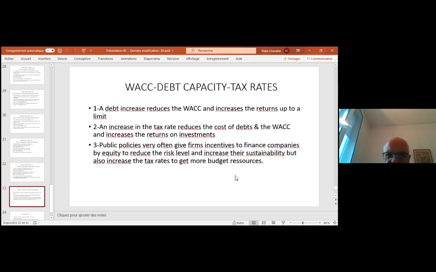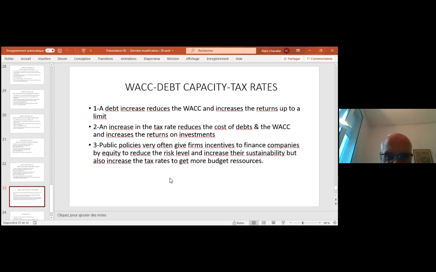So, some conclusions, back on that slide. First, an increase in debt reduces the WACC and increases the return, up to a limit, because there's a limit. Remember what we said on the limit of the debt equity ratio, with junk bonds and risk premium.